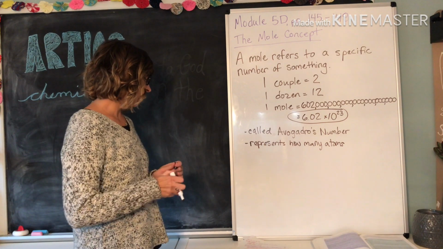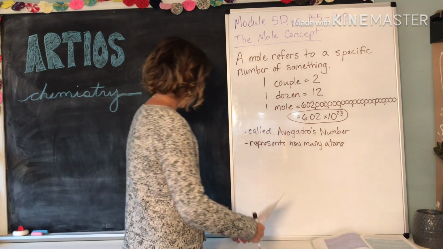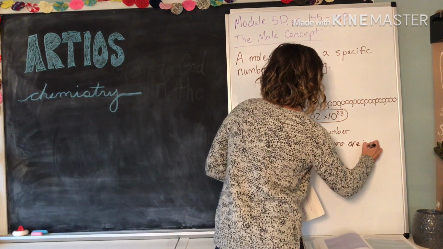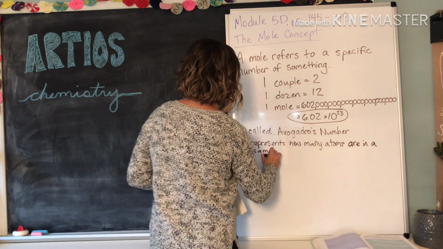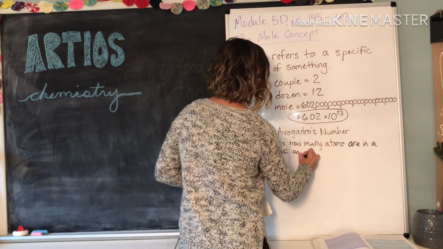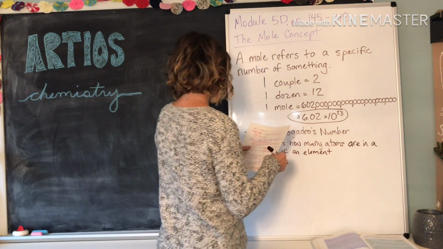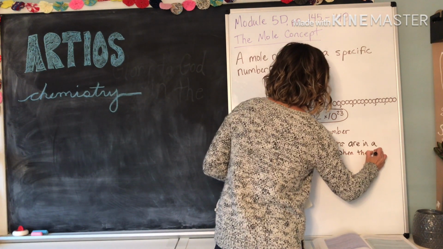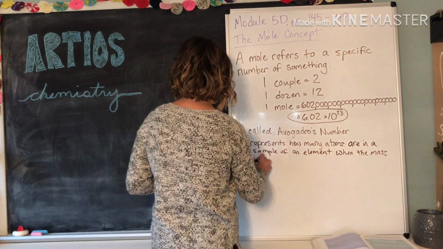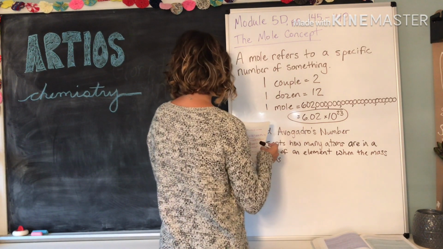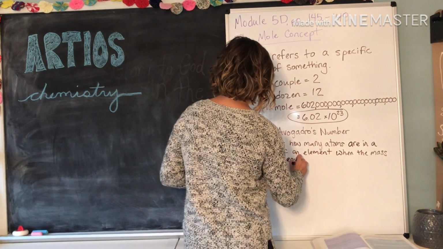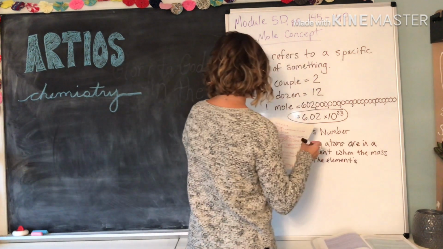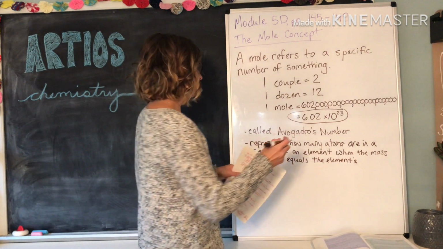And a mole represents how many atoms are in a sample of an element when the mass in grams equals the element's atomic mass in AMU.